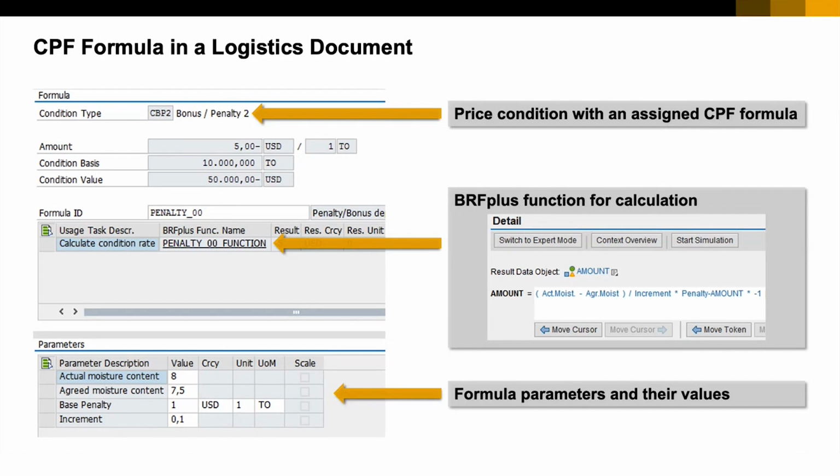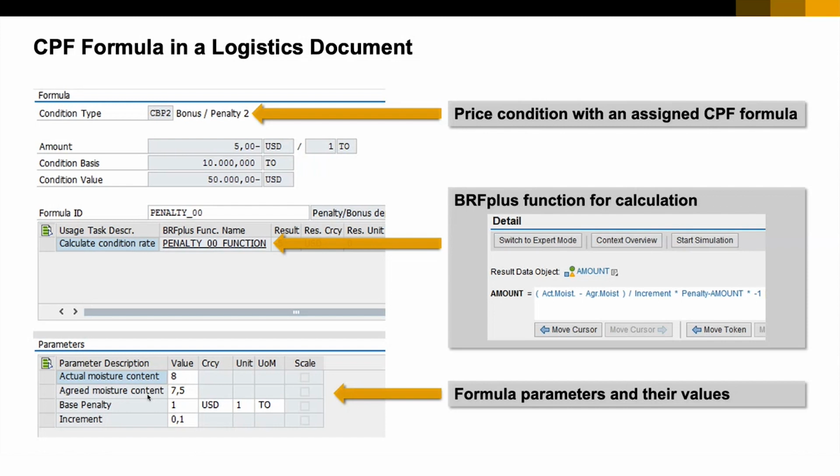As soon as you select the formula, the system will open up fields like this, and this all depends on how you configure the parameters. Some of the parameters can be stored to have default values within the BRF function itself. I'll talk about that in a later slide, or you can enter values here manually.